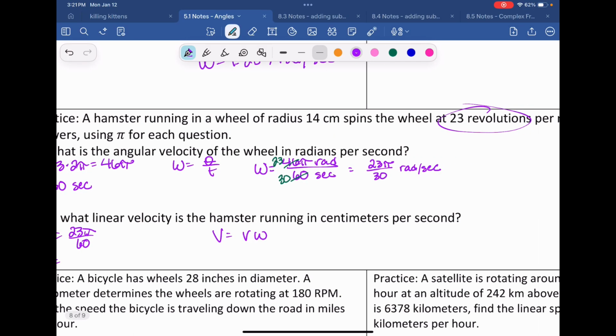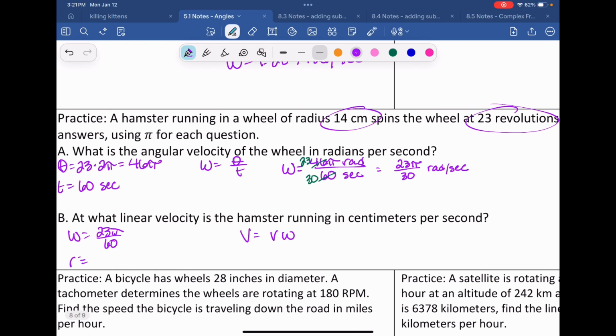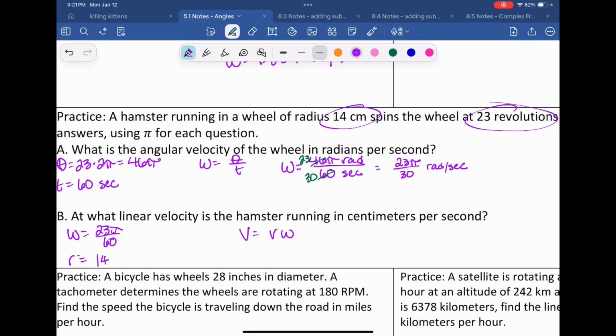The radius is 14 centimeters. So velocity equals 14 centimeters times 23 pi over 30. I don't know why I'm writing it like that. Let's erase that.